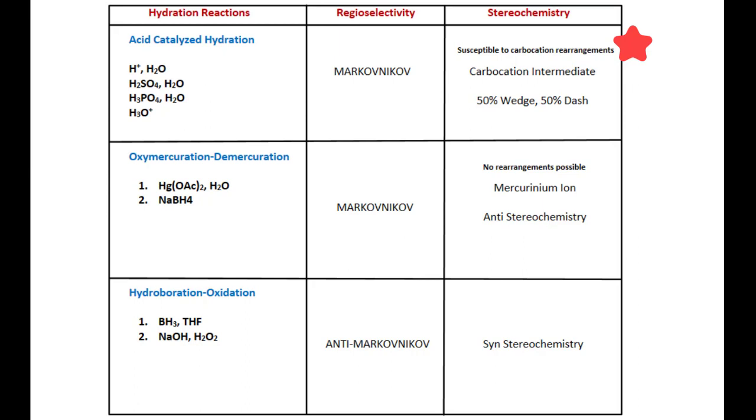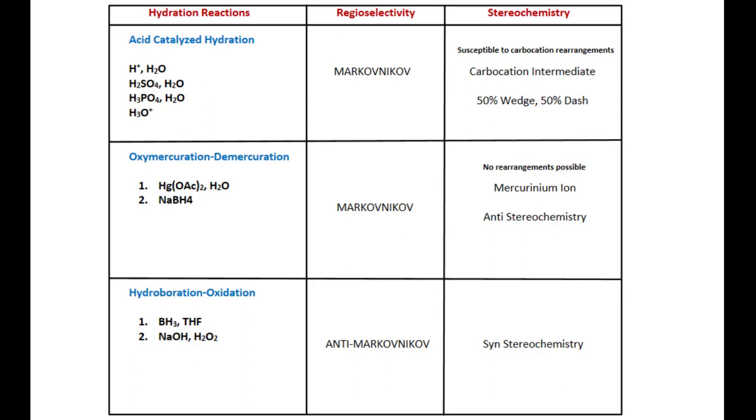So if you're trying to add an OH group to the more substituted carbon, but you do not want it to rearrange, you would have to do oxymercuration-demercuration. Whereas if you're adding the OH group and you do want a rearrangement to occur, it would be acid-catalyzed hydration. So you just want to be aware that acid-catalyzed hydration is susceptible to carbocation rearrangements, whereas oxymercuration-demercuration is not, because the intermediate is not a carbocation, but rather a mercurinium ion.